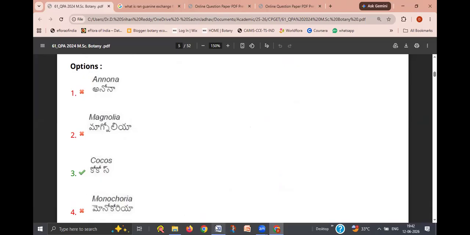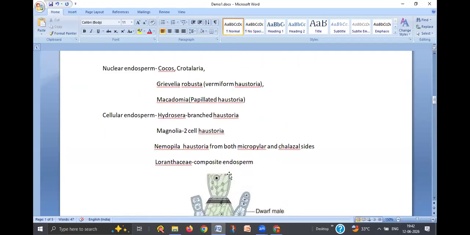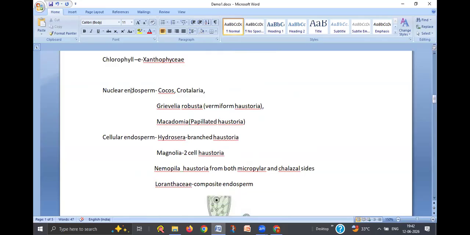I have given the examples also. You should remember them, because sometimes they change the question form. They may ask a different question from nuclear endosperm. You should remember the examples for nuclear endosperm: Cocos nucifera, coconut, Crotalaria, Grevillea robusta.